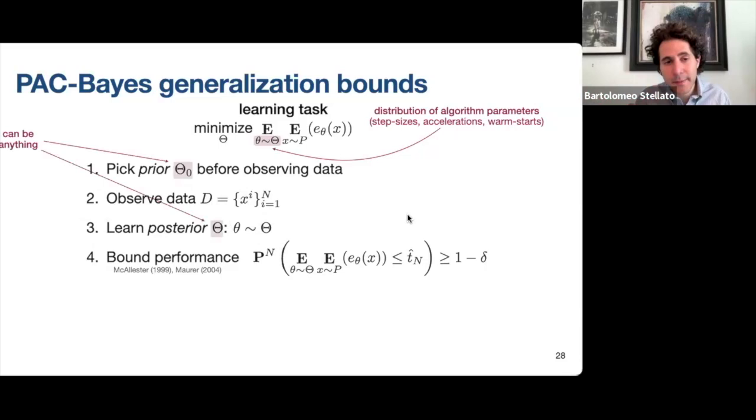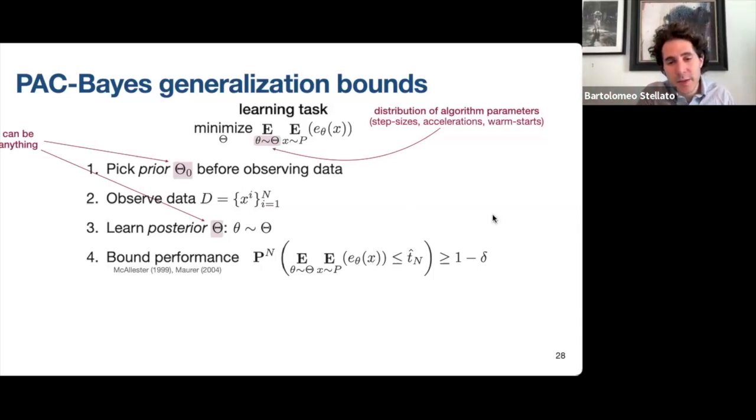The nice thing about PAC-Bayes theory is that both the prior and the posterior do not need to be consistent with the true prior of your data, which means that compared to Gaussian processes where you have to have a Gaussian, here there can be anything. Of course, if you choose a bad prior, you get bad performance, but they're still valid bounds.